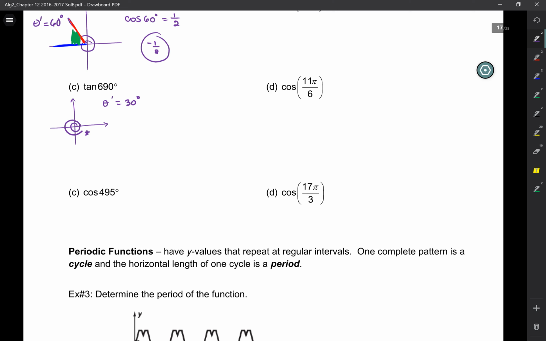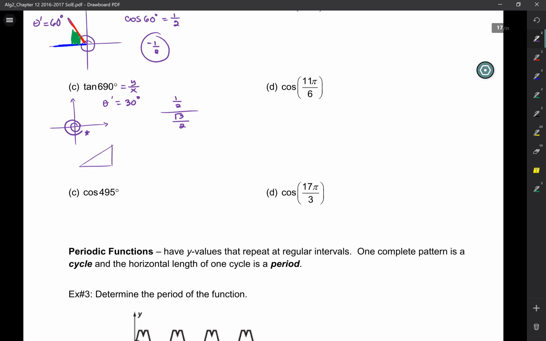Now, everybody look up here for a minute. Tangent, we always said, was the opposite over the hypotenuse. If 30 faces the small side, that's 1/2, over the other side, that's root 3 over 2. Wait, no, draw it out. Tangent is y over x. Y is always the vertical.